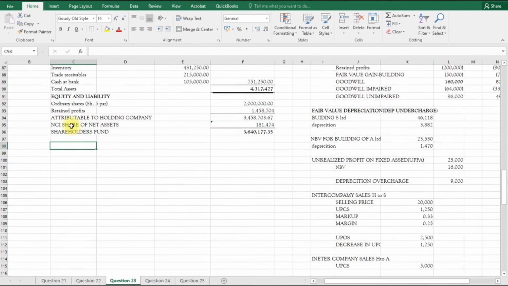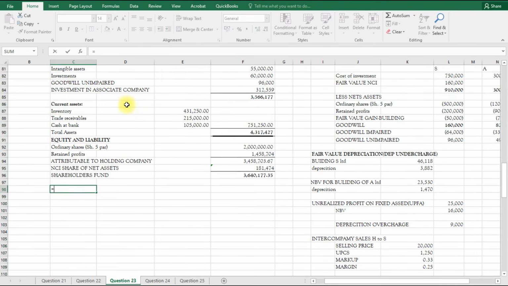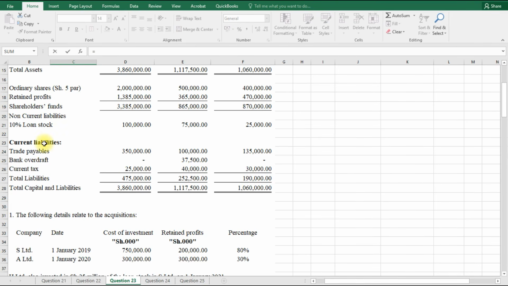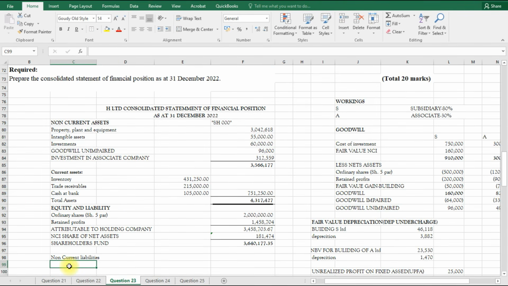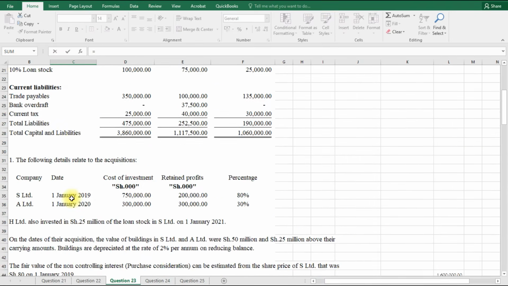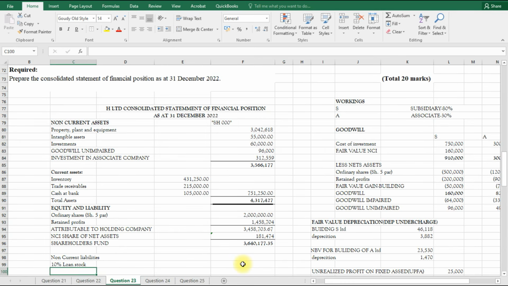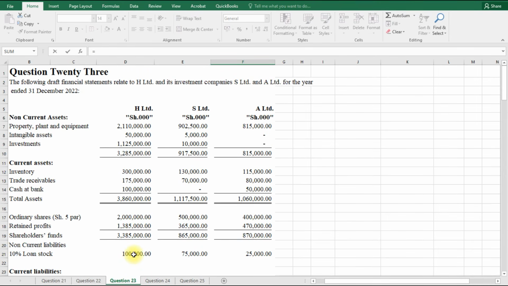Then after that we shall have what we call the non-current liability, and under non-current liability we shall take the 10% loan stock, which will be equals to this.